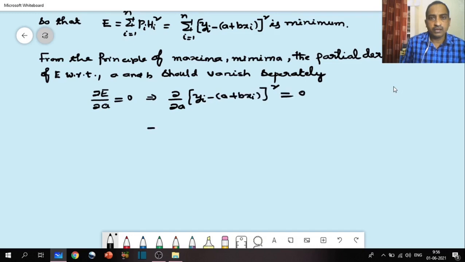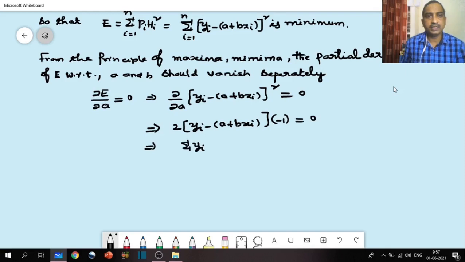If you simplify this one, 2 into y_i minus (a plus b x_i) into the derivative with respect to a is equal to 0. So if you simplify some more, the summation i equals 1 to n is there for all, right?